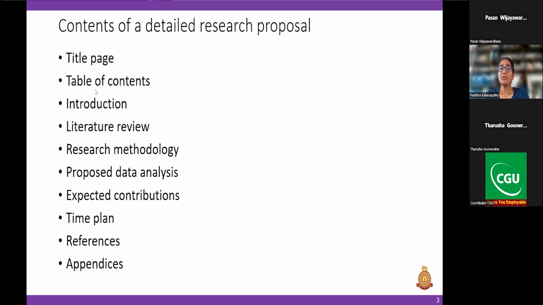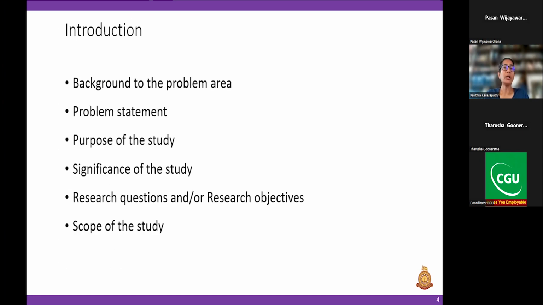So basically what you would need to write is an introduction where you set out the background of the problem area that you plan to research. It will be good if you have identified gaps in the literature, and then based on that, a research problem statement.